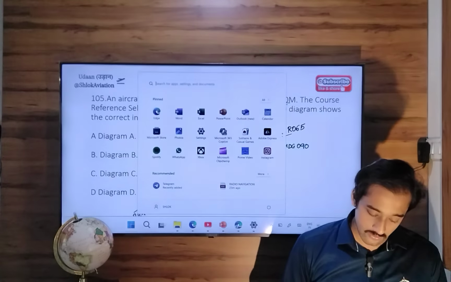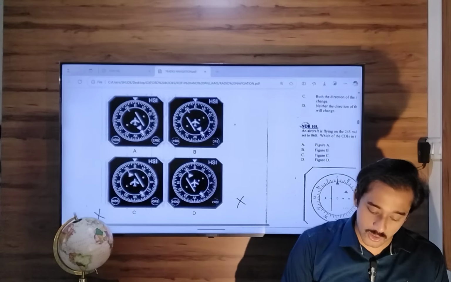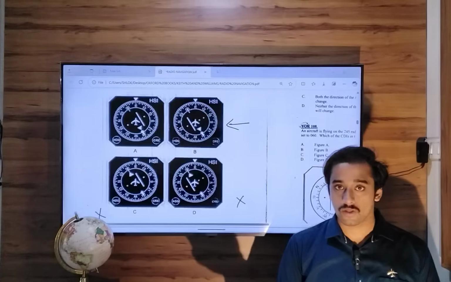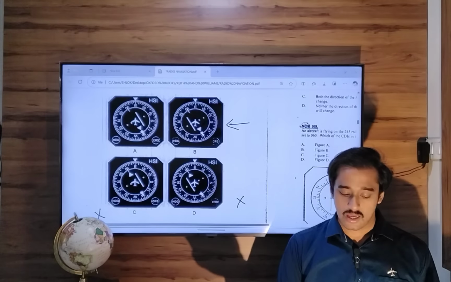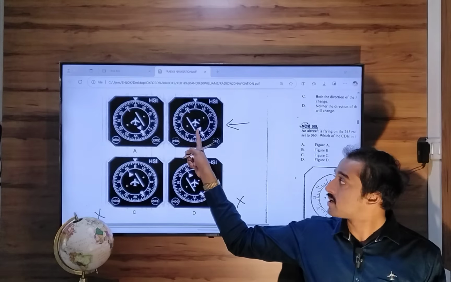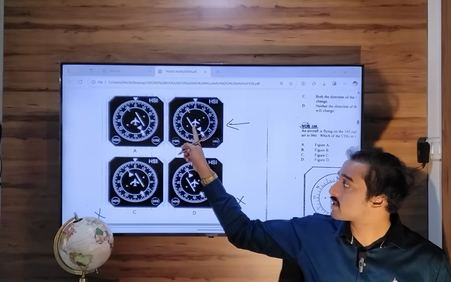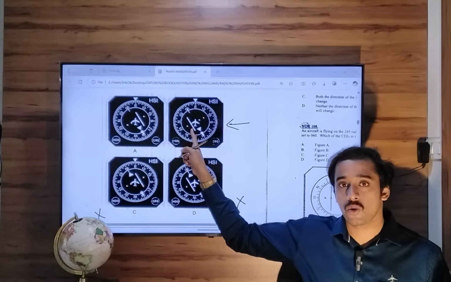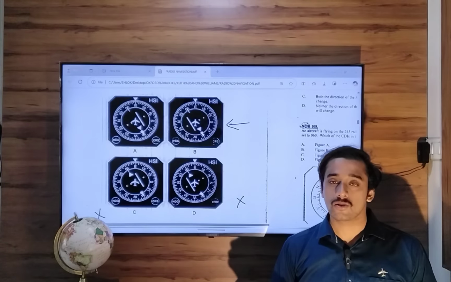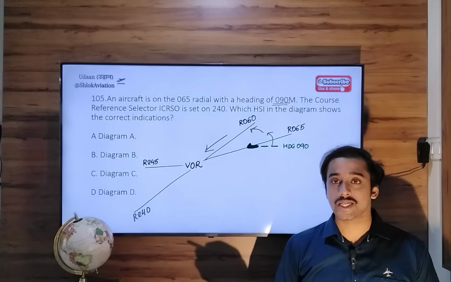So the correct option will be a left turn from the current aircraft position, which will be option Bravo. A left turn, the heading is correct, the course selected is correct, the TO indication is visible to you. The needle will go to your left, telling the pilot to make a left turn because 060 is to the left hand side of 065.